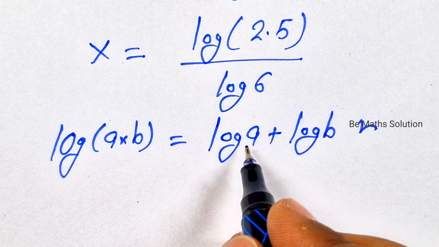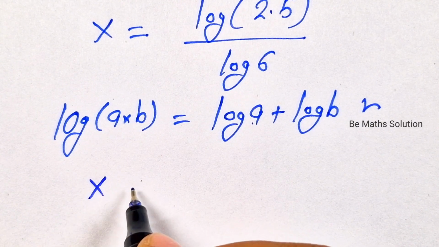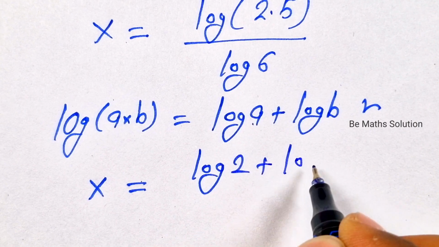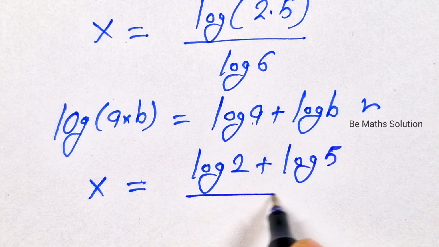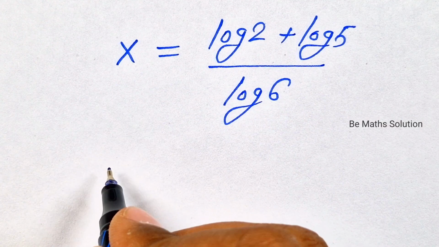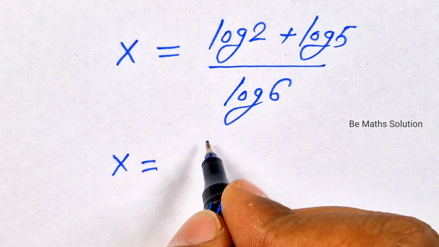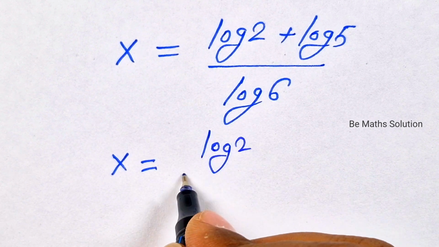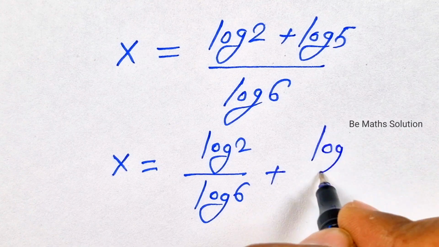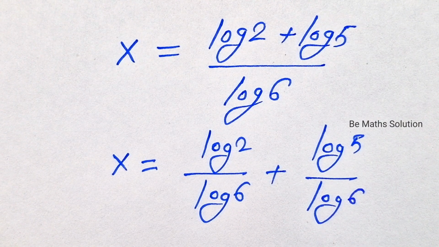So we will apply this formula here. So it will be x is equal to log of 2 plus log of 5 over log of 6. Separating this fraction, x is equal to log of 2 over log of 6 plus log of 5 over log of 6.